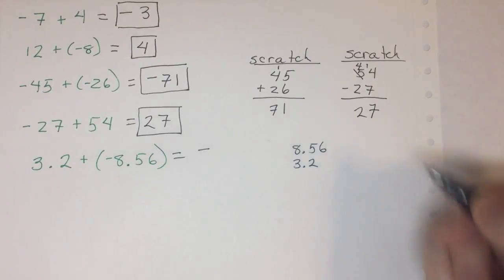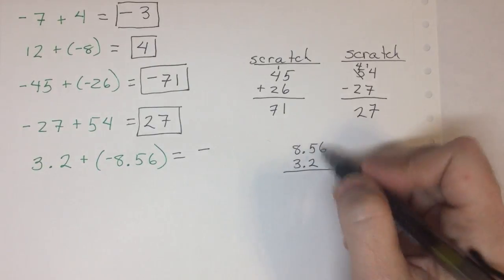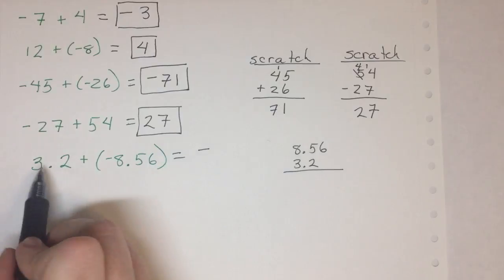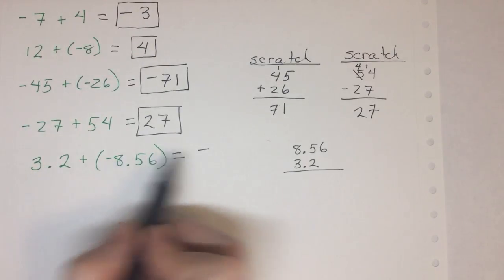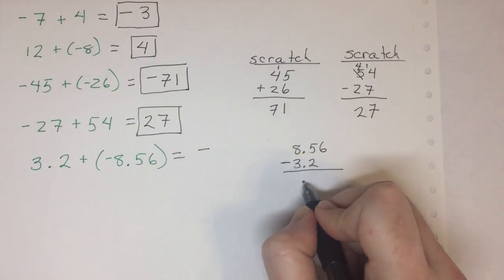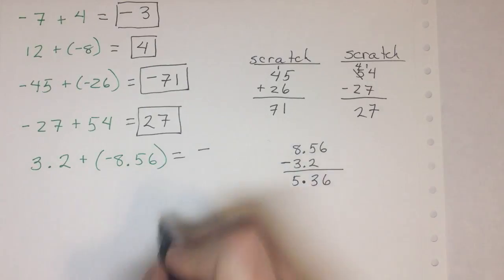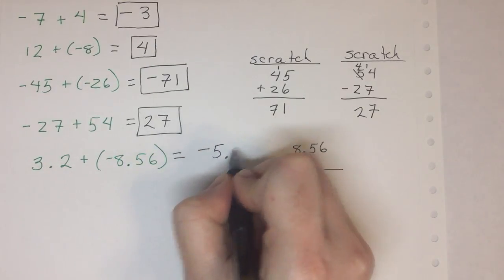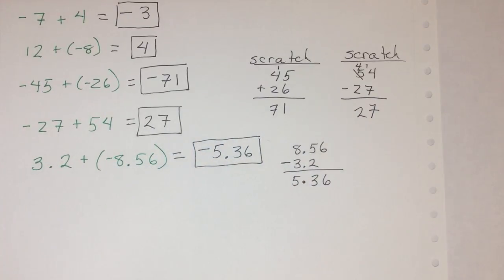Remember, with addition and subtraction of decimals, you have to have your decimals aligned. Am I adding or subtracting these? Well, I have 3.2. I owe 8.56. I'm still going to be in debt, but I'm going to be less in debt. Bring down the decimal, do your subtraction. Negative 5.36.